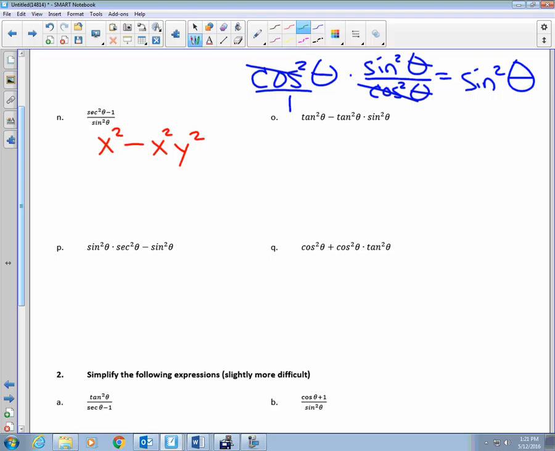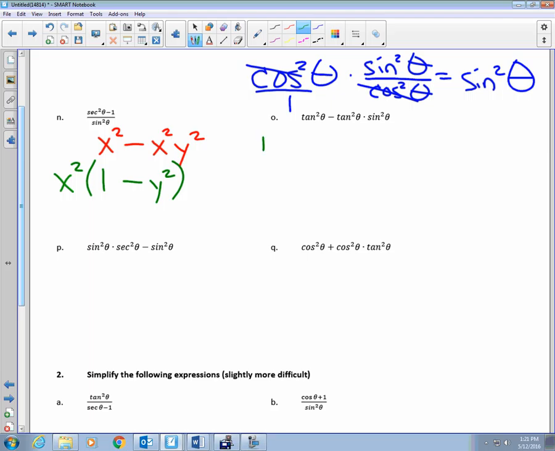They both have x squared. If I factor out an x squared, what remains in this place? 1 minus, if I factor x squared from here, what remains? y squared.